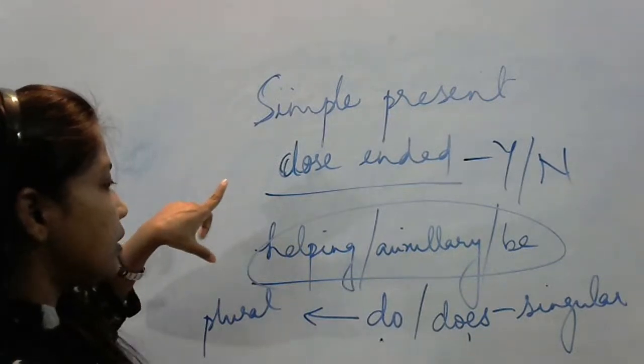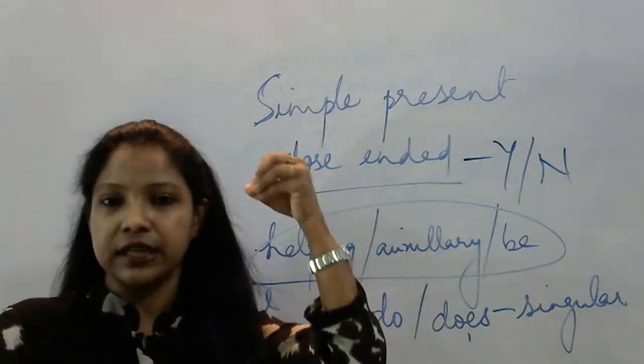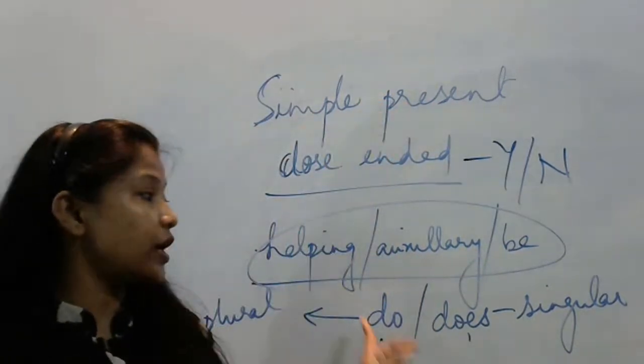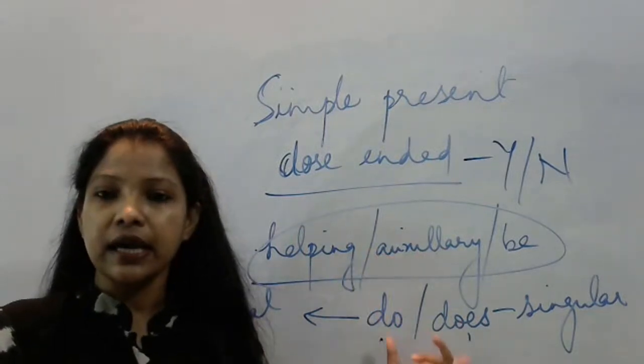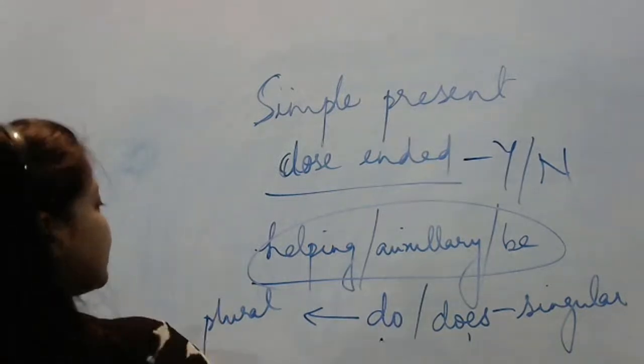Fine. Now, is it clear? So this thing should be there in your mind. It should fit completely in your mind. That the auxiliary verb or helping verb for simple present is do or does. Remember this, then only you will be able to frame questions. Coming to the pattern of question.